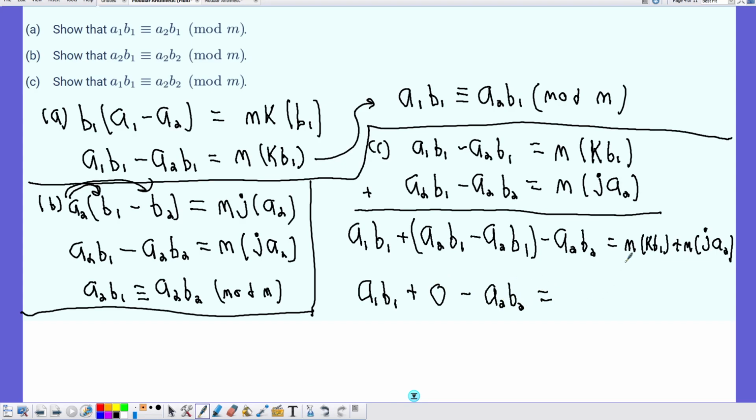Now, on the right-hand side, I notice that both terms have a factor of M. They have an M over here and an M over here. So what I could do is factor out that M. So I'm going to factor out the M, and what I'm left with is K times B1 plus J times A2.